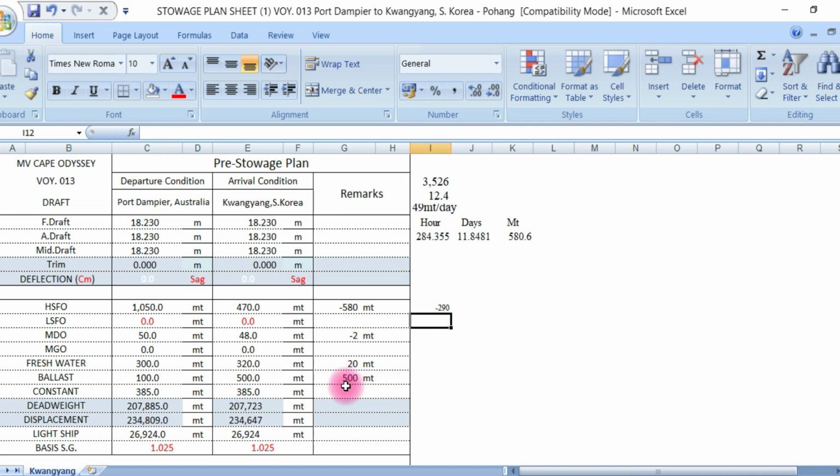You have 2 choices. You can use the ballast water, and the other one is without using this ballast of 500 metric tons. So I will show you how to do it without using the ballast tank, but we will arrive at Gwangyang at even keel. Okay. So let me go back to the history.